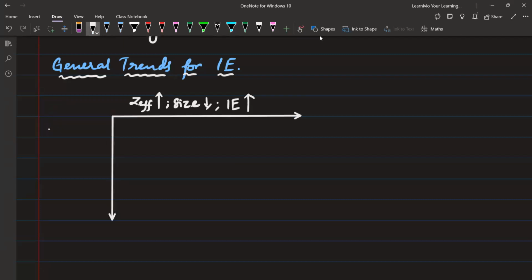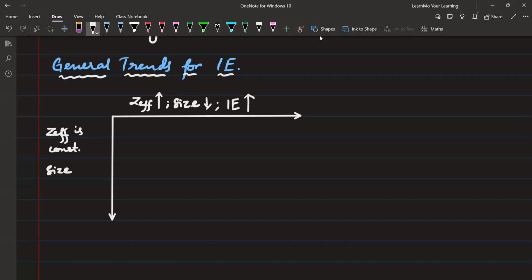Come on. Z effective, from top to bottom in a group: it increases or is constant? It's constant. Size, top to bottom in a group? Size increases.